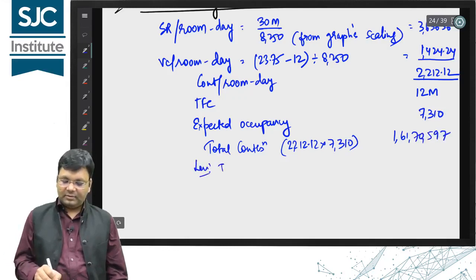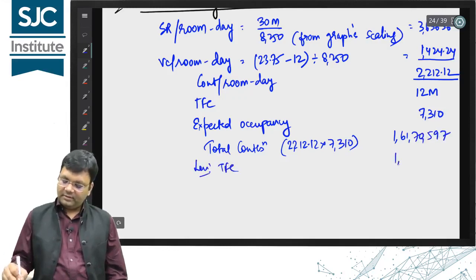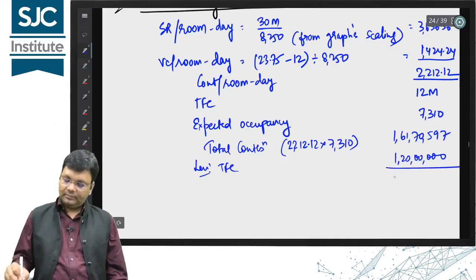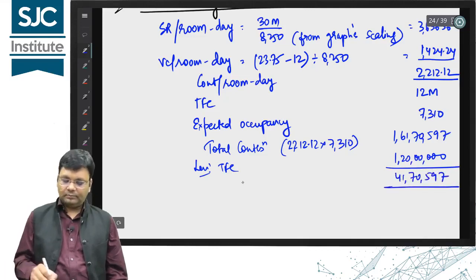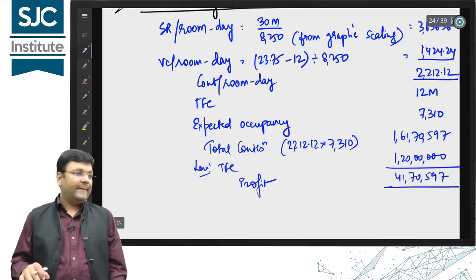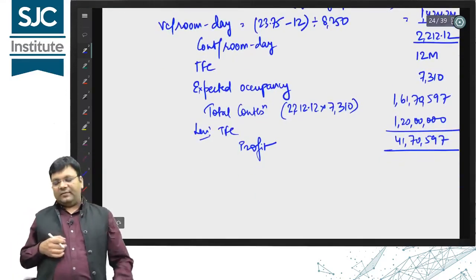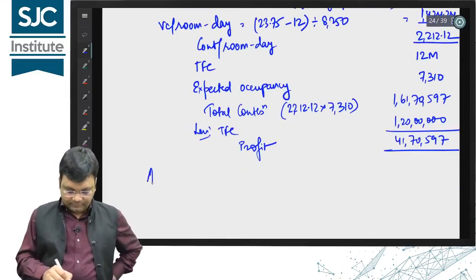So less total fixed cost 12 million, so 120 lakhs. So 41.7597. Okay. So profit is 41.7597.